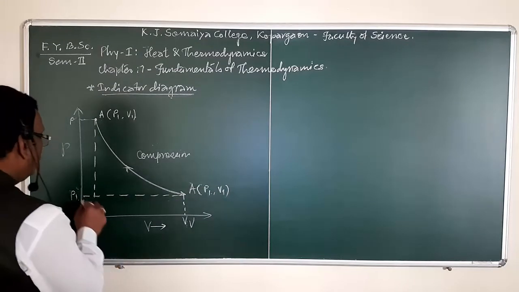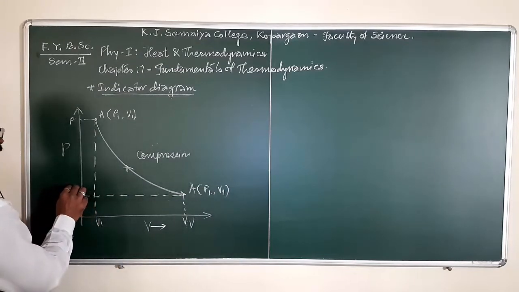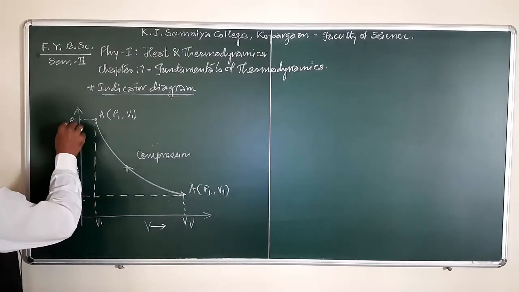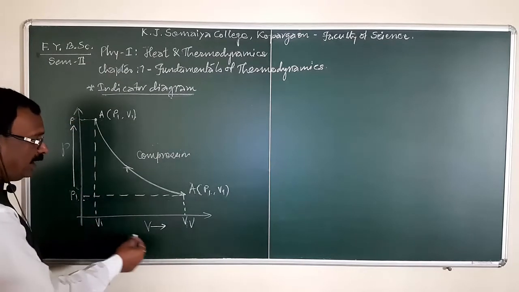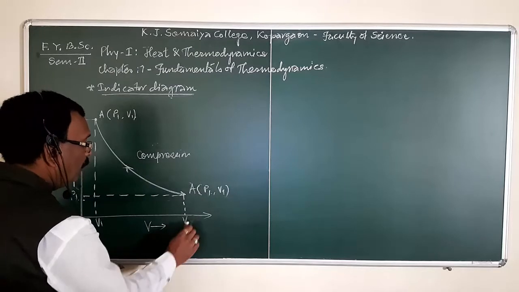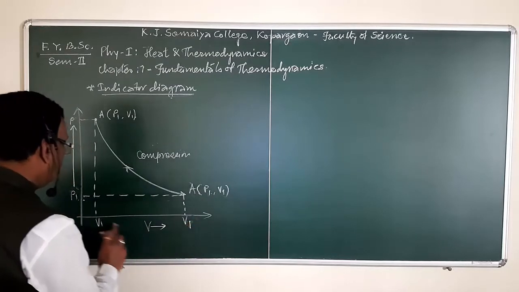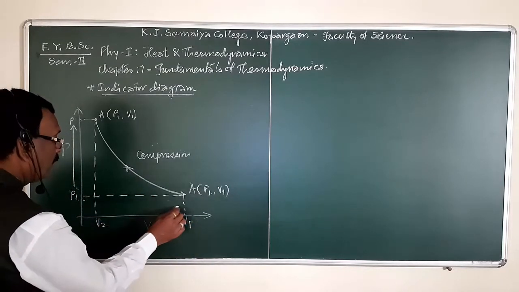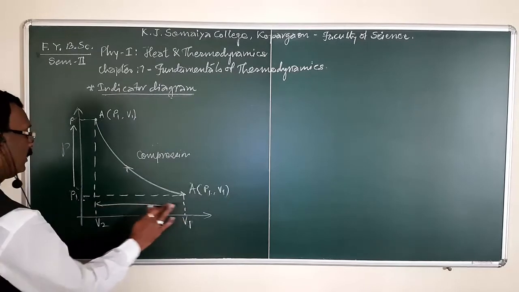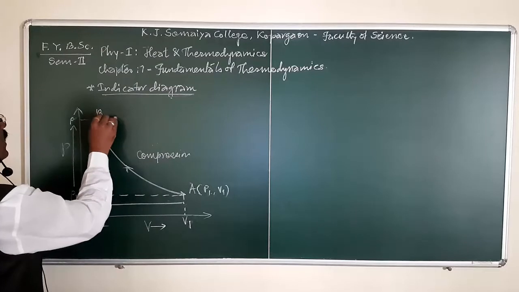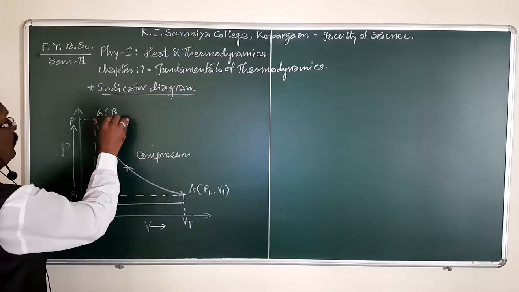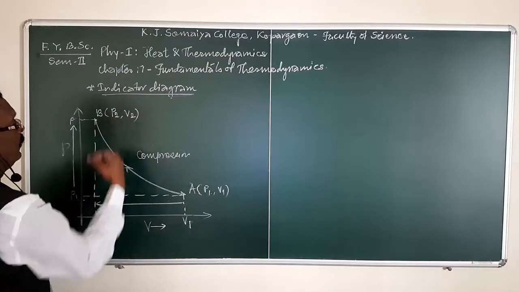When we increase the pressure on the piston, obviously compression of the gas takes place, and when compression of the gas takes place, then volume obviously decreases from V1 to V2, and finally we get the final state where pressure is P2 and volume is V2.